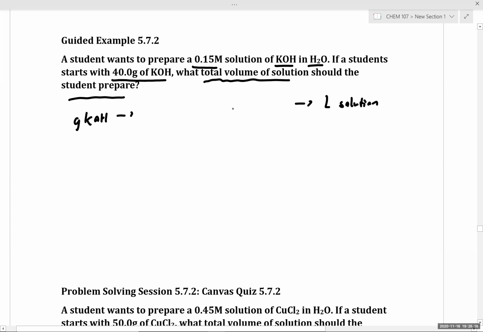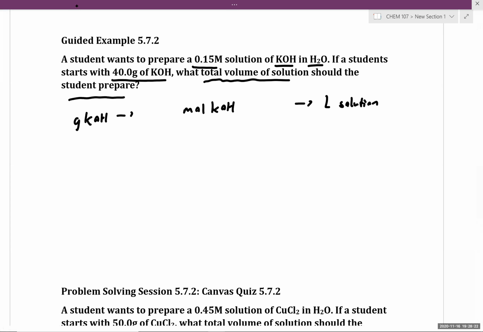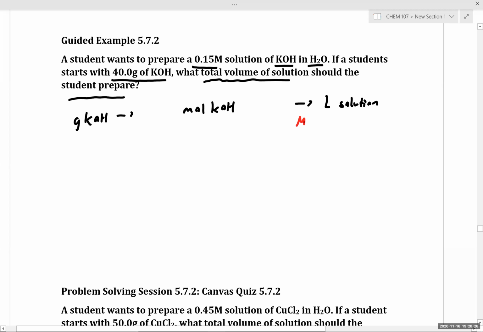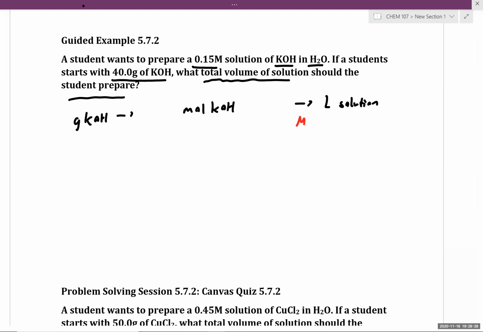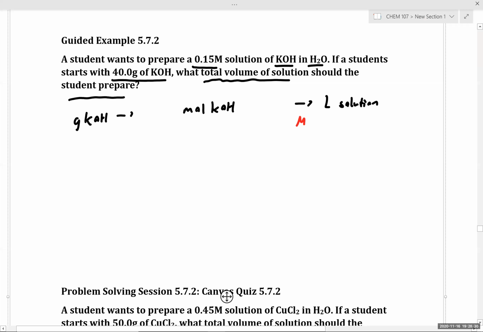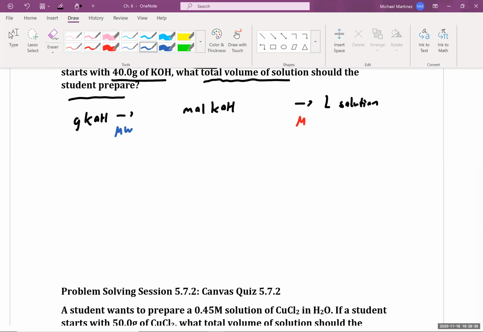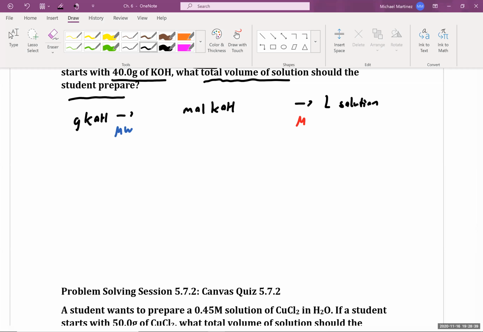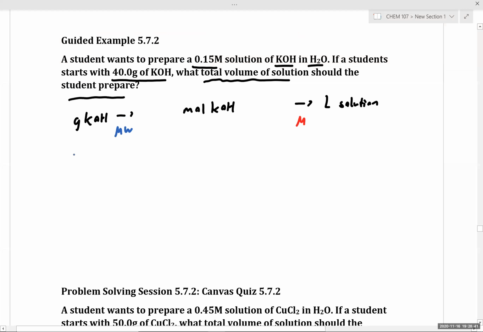Now we can get the liters of solution from the moles of potassium hydroxide if we know the molarity. We also know that we can go from grams of potassium hydroxide to moles using our molar mass. Okay, so then let's look at the molar mass. So we know the molar mass of potassium hydroxide.